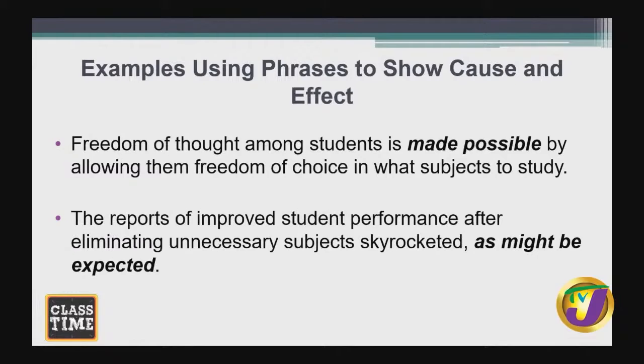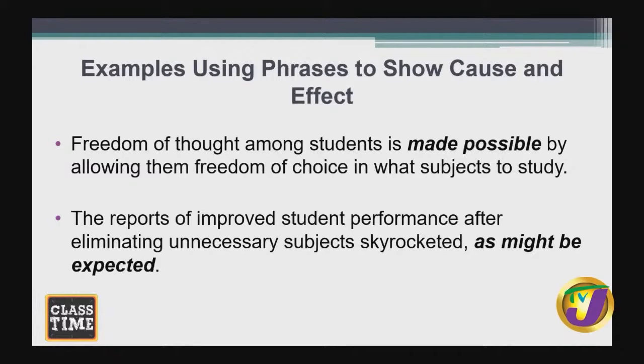So let's look at the other example now. The reports of improved student performance after eliminating unnecessary subjects skyrocketed, as might be expected. So what led to what? What caused what? What was an effect of what? So we have the reports of improved student performance.